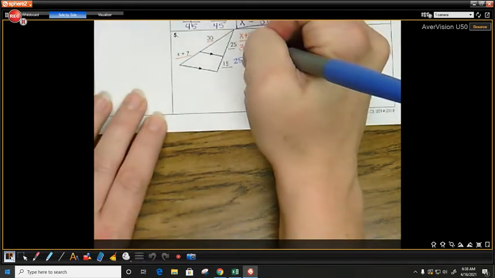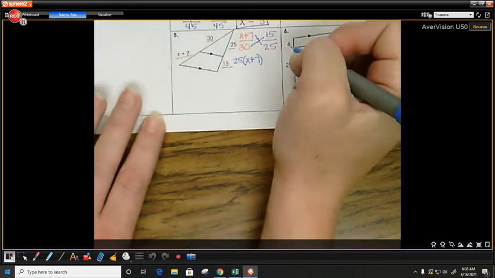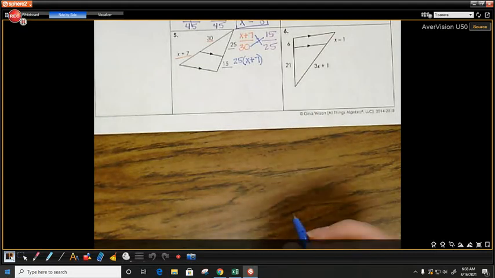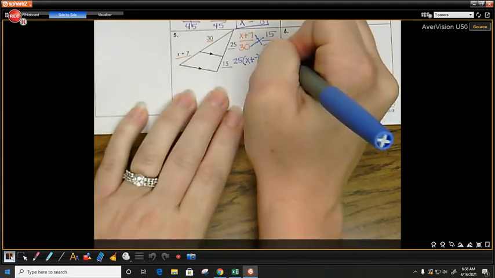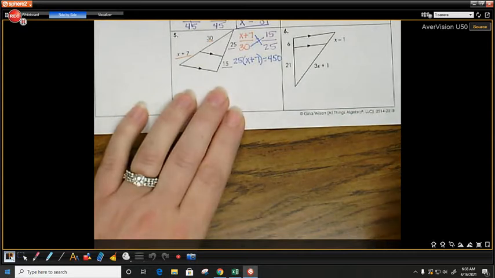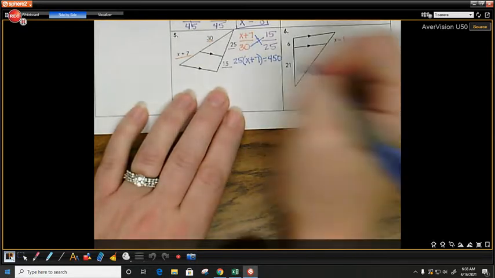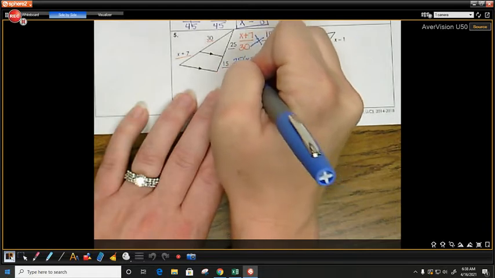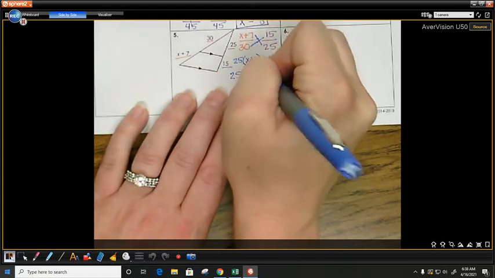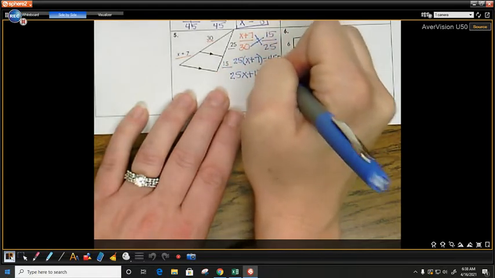And then I'm going to do my 30 times 15, which is 450. And then I need to distribute my 25. And I get 25x plus 175 equals 450.